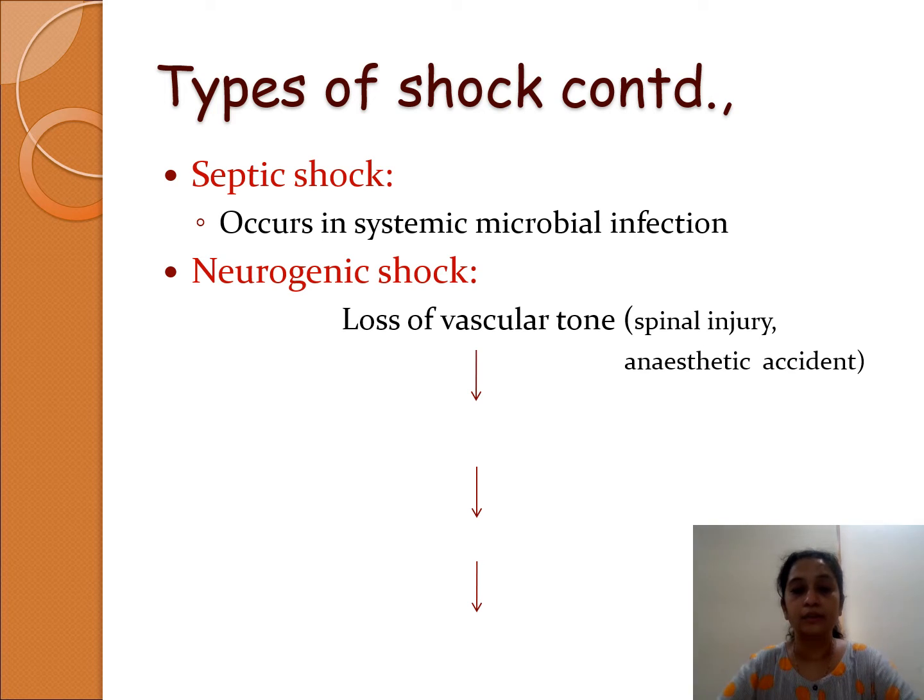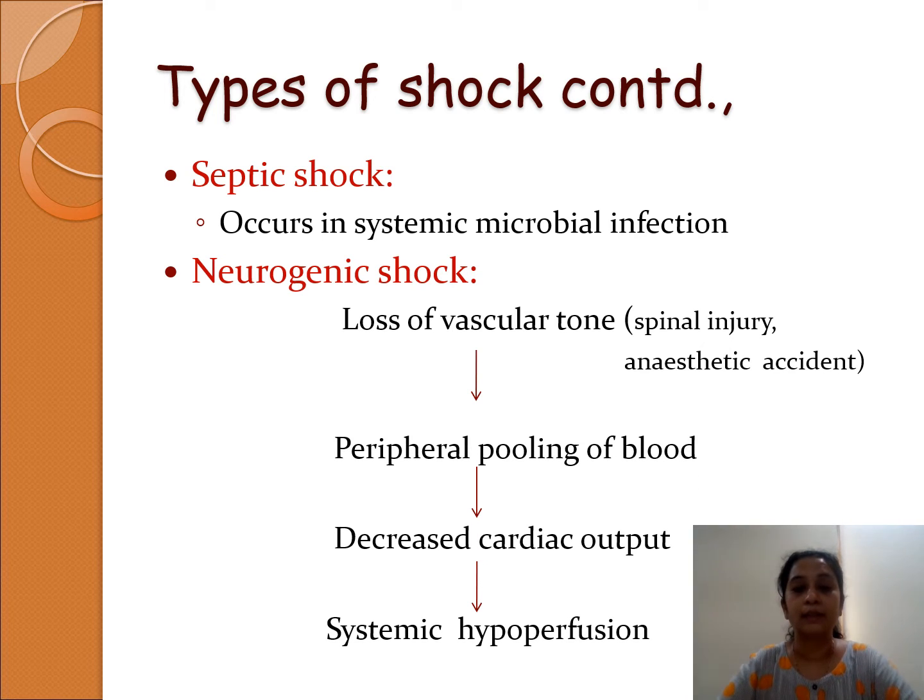There is spinal injury or accidental anesthetic injury to the neural system that leads to loss of vascular tone that causes peripheral pooling of the blood. The blood does not return back to the heart, and that causes reduced cardiac output and systemic hypoperfusion.